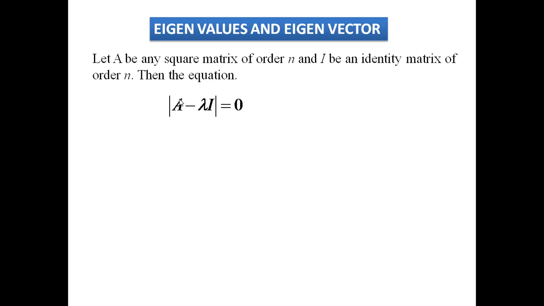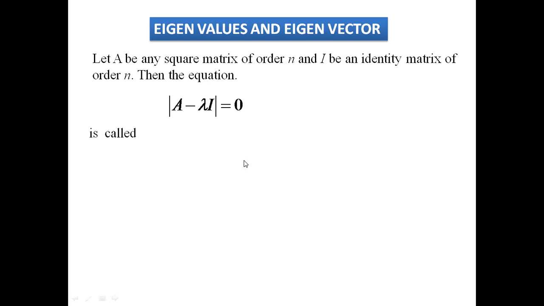So all other elements remain the same. The diagonal elements become the diagonal elements minus lambda: the first element is a11 minus lambda, the second element in the second row is a22 minus lambda, like that. If you expand it, you get an equation in terms of lambda, that is called the characteristic equation.